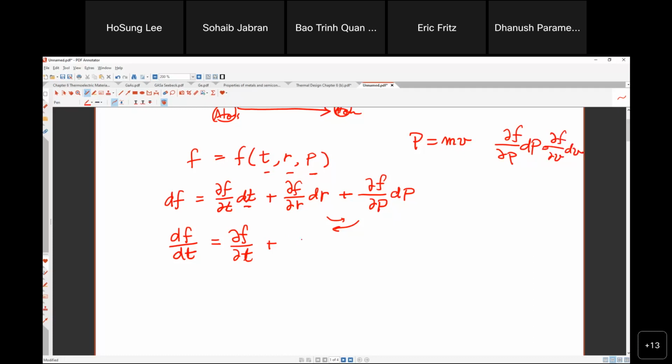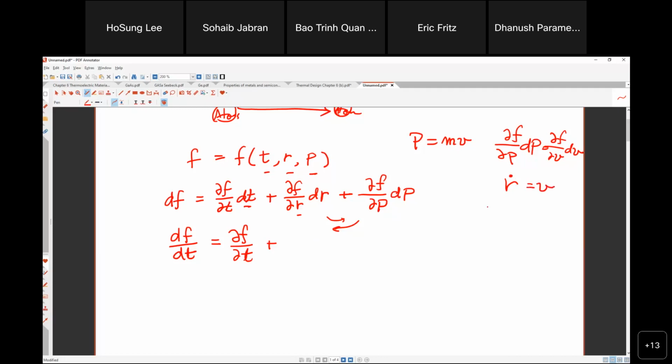And the r is an arbitrary distance. So r with respect to time is the velocity, nothing more.